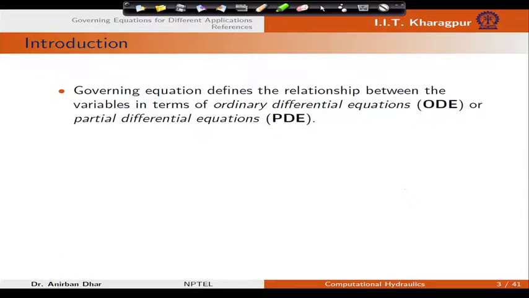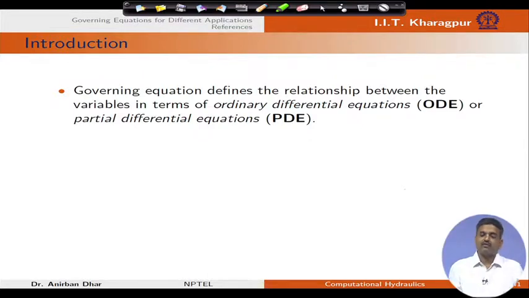Introduction. A governing equation defines the relationship between variables in terms of ordinary differential equations or partial differential equations, and it relates the independent and dependent variables.